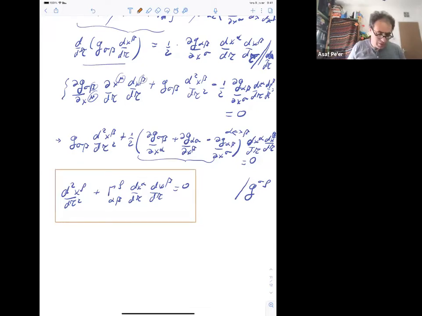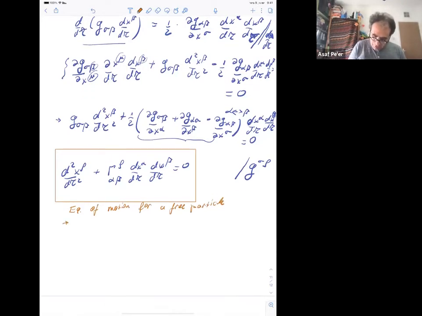But now what we did is to write down the equation of motion for a free particle, or the geodesic equation, in curved space-time.